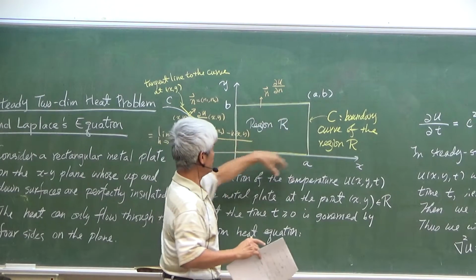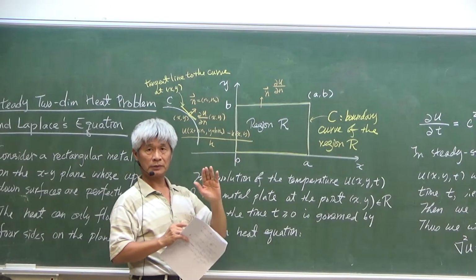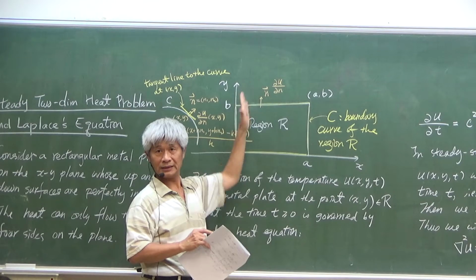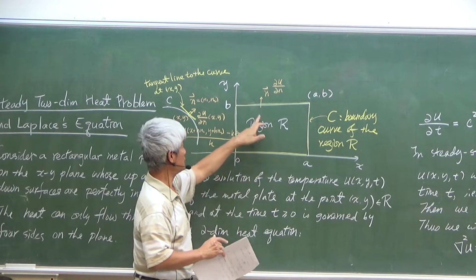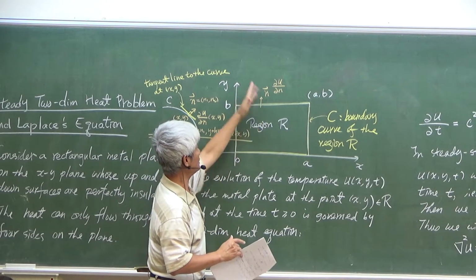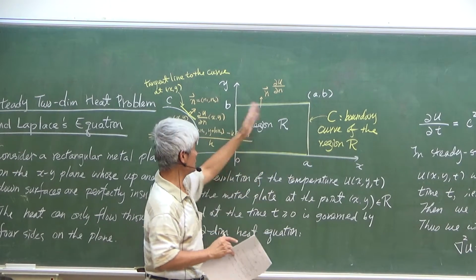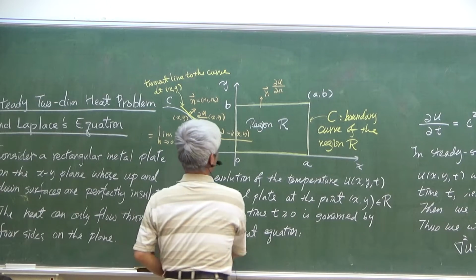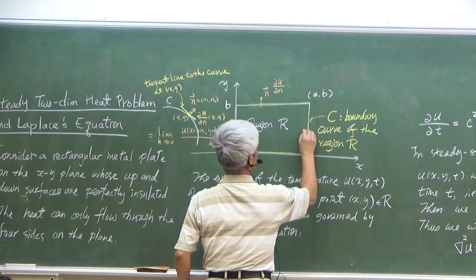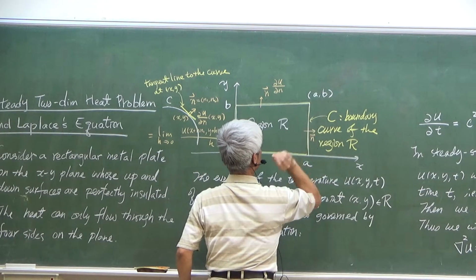But for regions, normals usually point outward, okay? This is the convention. So the normal vector always points outward.